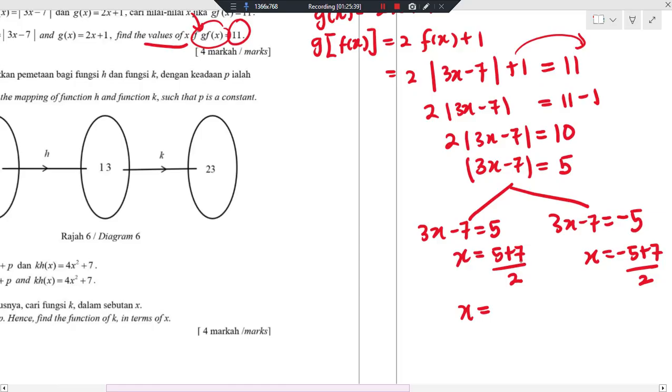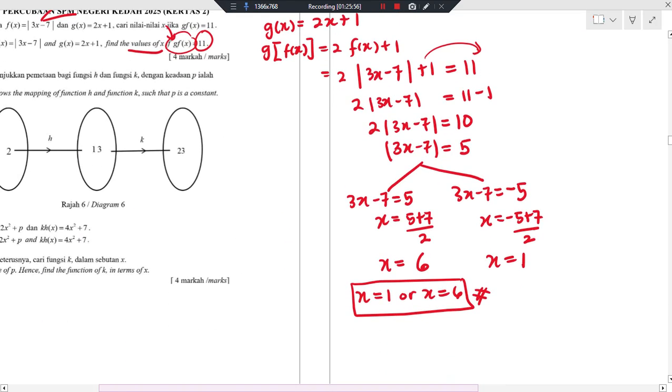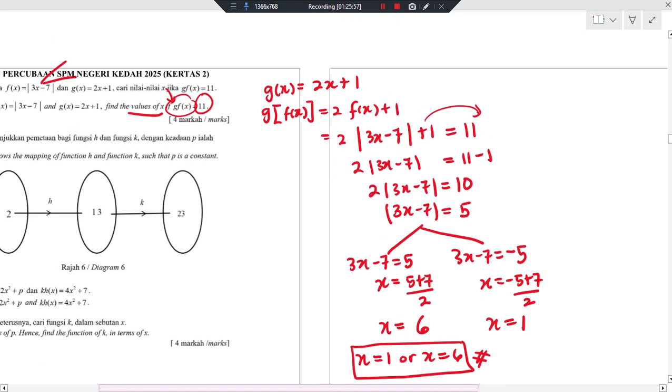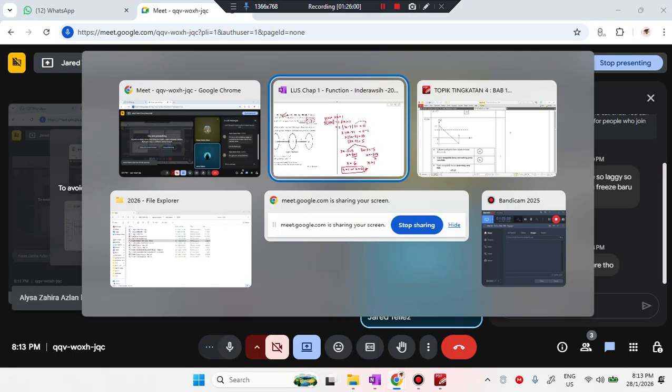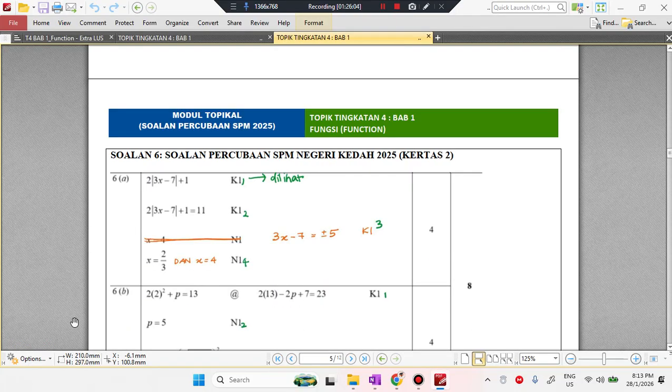Quite easy, what? 4 marks. Why is the answer different? 2 over 3 and 4. Why? You get 2 over 3 and 4. Because of the substitution.